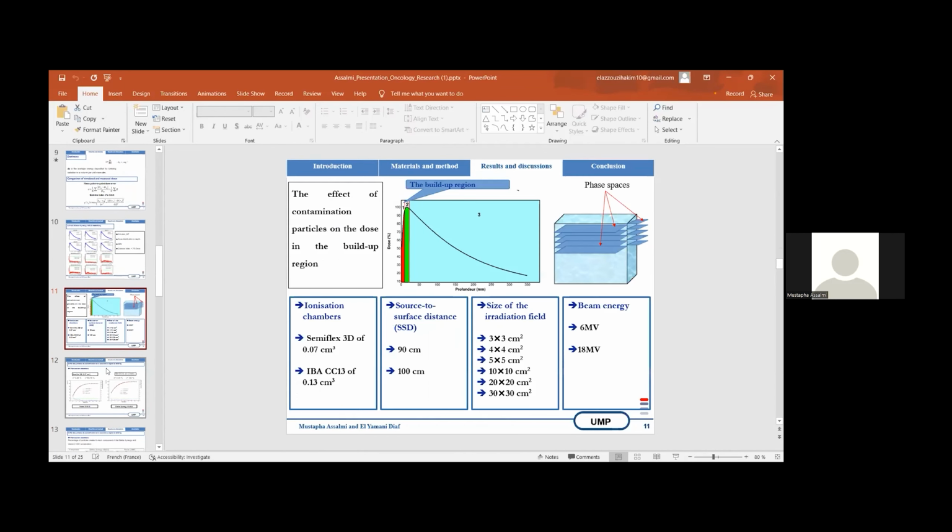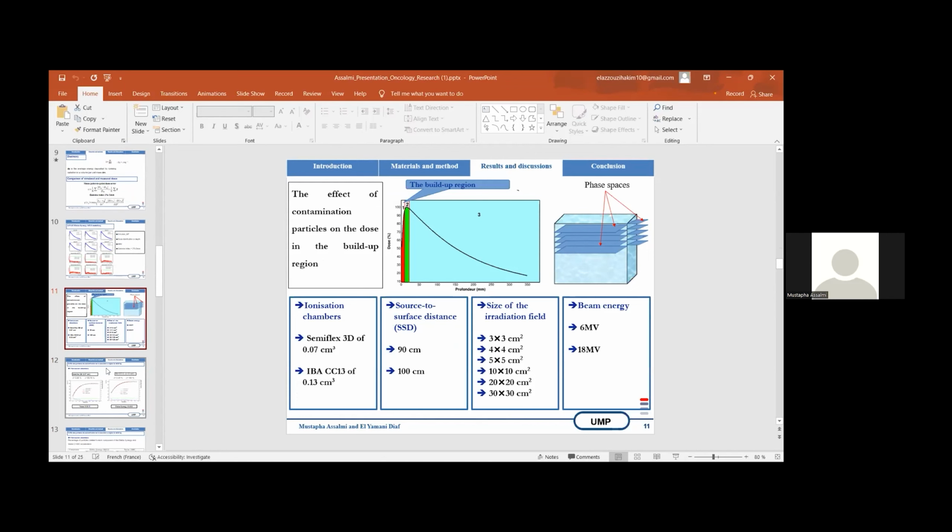So the effect of contamination particles in this region was studied according to the ionization chambers, the source-to-surface distance SSD, the size of the irradiation field, and the beam energy, 6 and 19 megavolts.